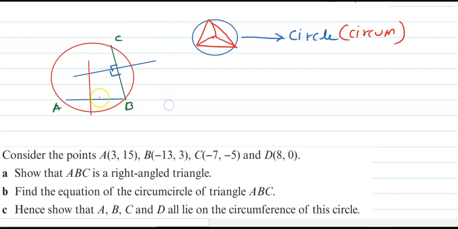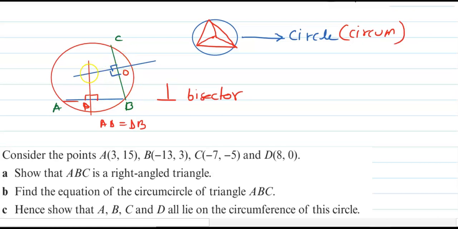If this is point D, then we can say AD equals DB. Perpendicular means the line makes 90 degrees, and bisector means it divides the line into two equal sections, so AD equals DB, and similarly BO equals OC.